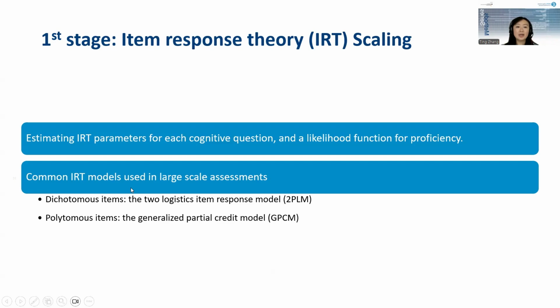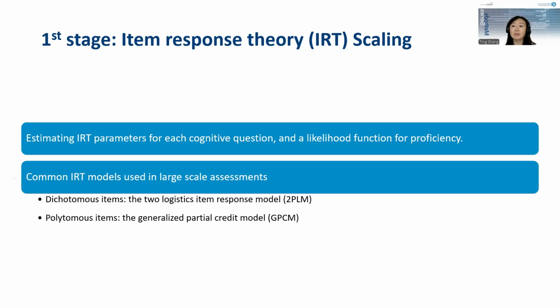PIAAC uses the 2-parameter logistic item response model for dichotomous items, and a generalized partial credit model for the polytomous items.